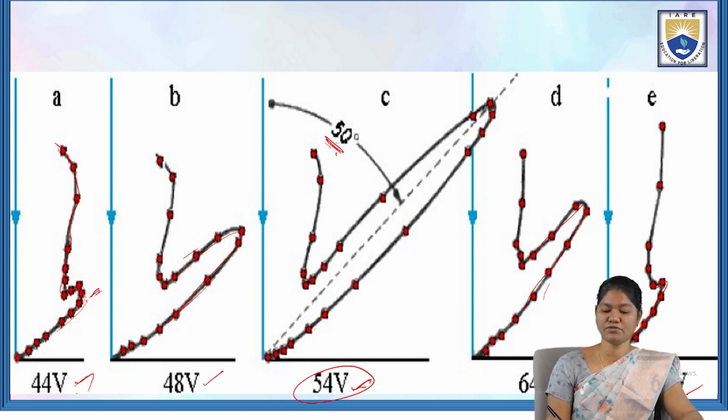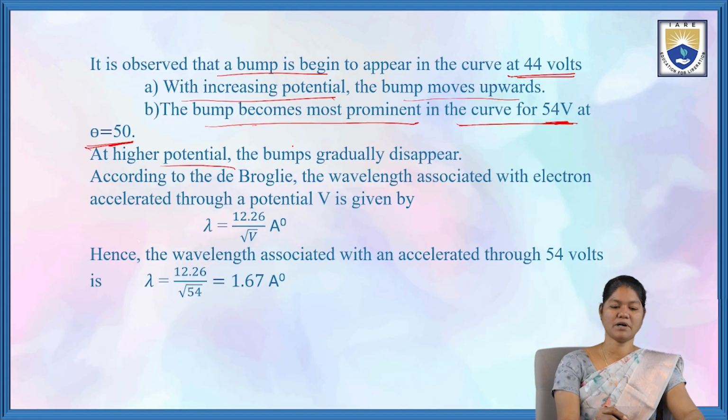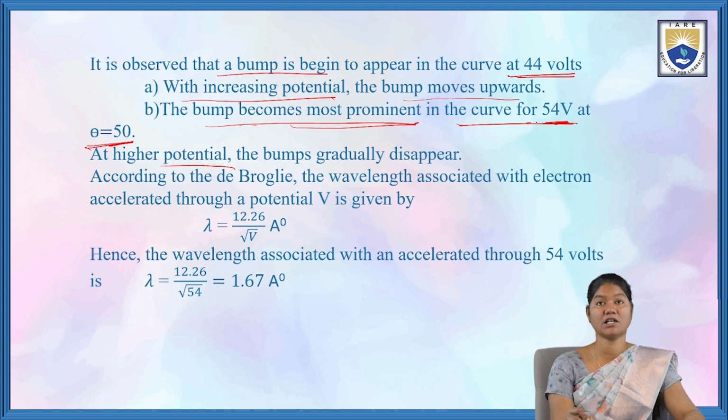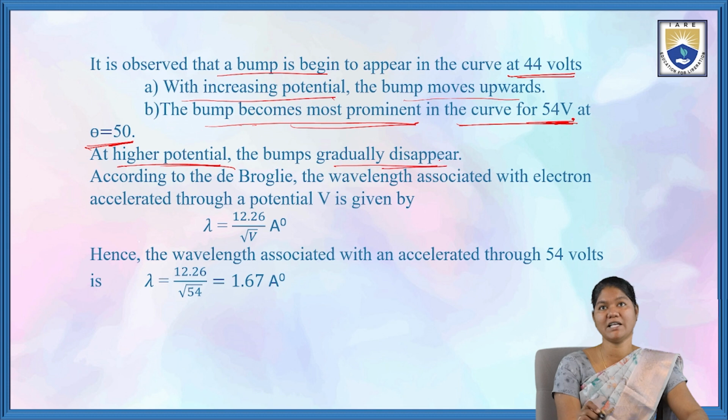Then at 64 volts the bump is reduced, and at 68 volts we can observe very little bump. So the bump is most prominent for 54 volts and theta equals 50 degrees. At high potential, the bump gradually disappears.